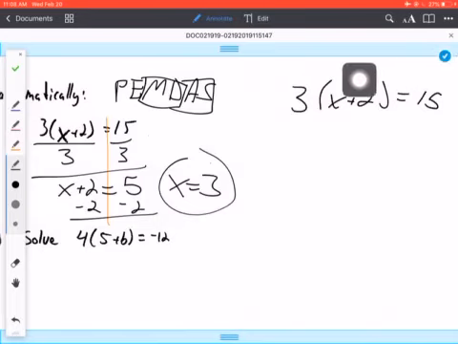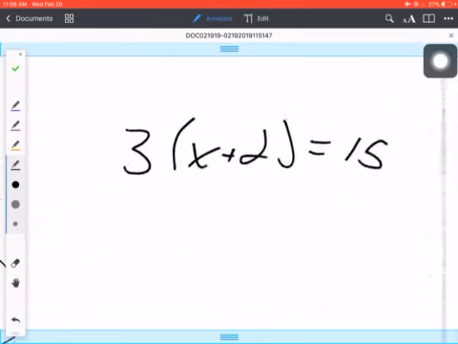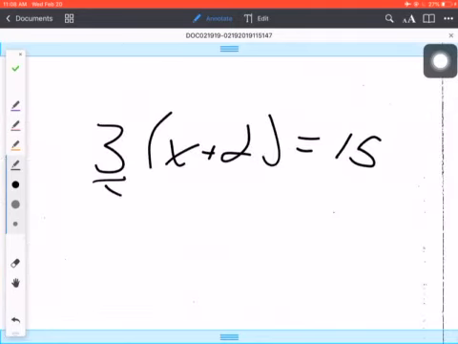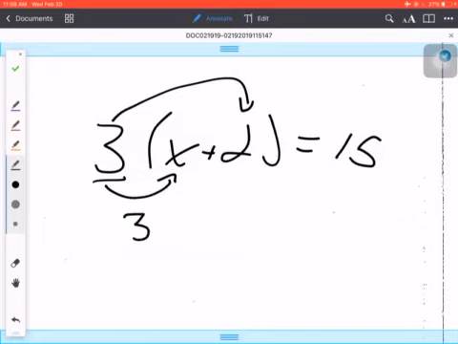We can actually simplify this first. Remember, as we do the distributive property, 3 gets multiplied by everything on the inside. So the first one would be 3 times x, which would be 3x. 3 times 2, which is 6. And bring the plus sign in between. And now I have this kind of equation, which we did last lesson.